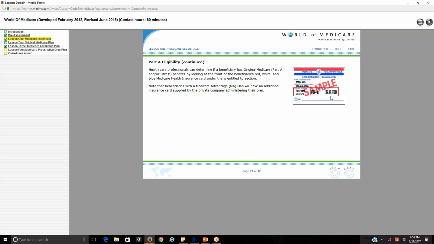So what you need to do is, if you have a patient that comes to you that has a Medicare red, white, and blue card, and then another insurance card, and it says Medicare supplement, then that generally is going to mean they have original Medicare plus a Medigap.